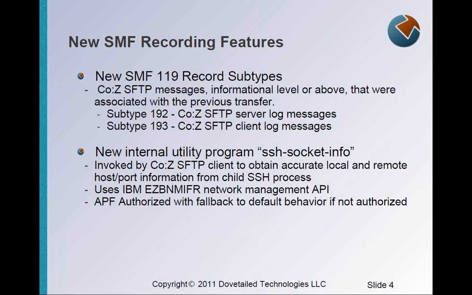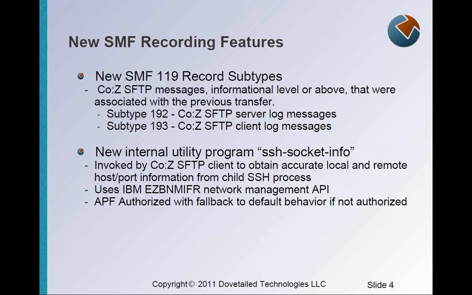In addition, we've introduced a new internal utility program called SSH Socket Info, which is invoked automatically by COSI SFTP, the client, when you start up your session, to obtain completely accurate local and remote host and port information from the child SSH process that's used for the transport of the data between your remote host and z/OS.